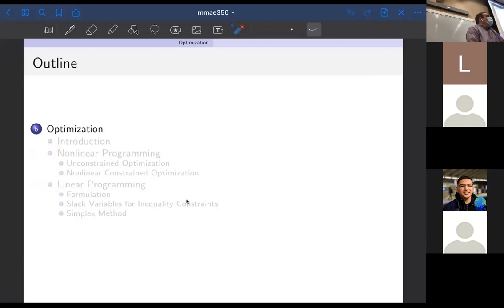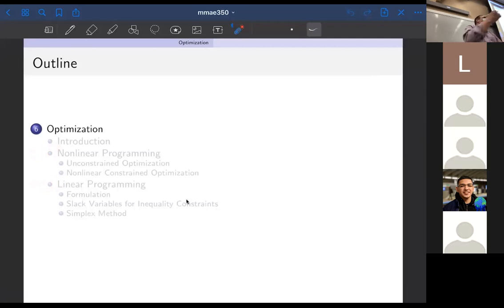So if we start with nonlinear problems, we can first do nonlinear problems with no constraints, and that will follow very closely with what we've done in mathematics and calculus class and other settings before. Then we can move into linear problems, which require constraints, which makes things a bit more complicated. So it seems backwards, but it actually makes sense to do things this way for reasons that you'll see.